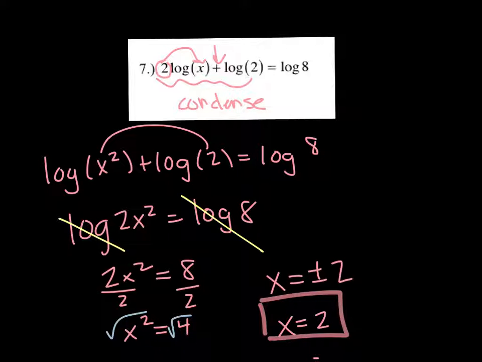You can't ever raise anything to a power and get a negative value. You can raise something to a negative power and get a value less than 1, as in a fraction, but you'll never be able to raise anything to a power and get a negative value. That's why you can't evaluate for negative values inside a log. So based off of this example, go ahead and try number 13, guys. I'm going to do number 14 with you.